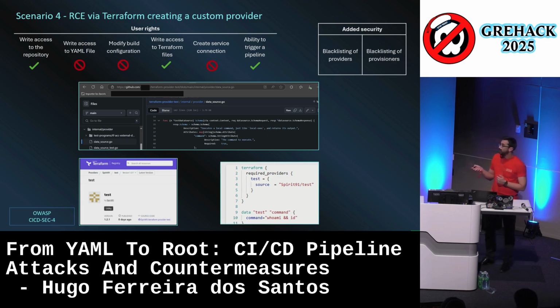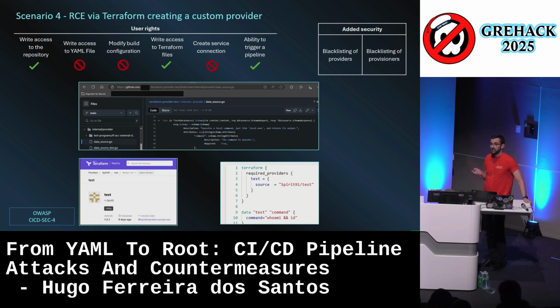What I did is I made a fork of the external provider because it's on GitHub. And I modified it a little bit by saying, okay, your name will be tests. And also I want you to execute some code if I put the keyword command. And then you just have to deploy it.